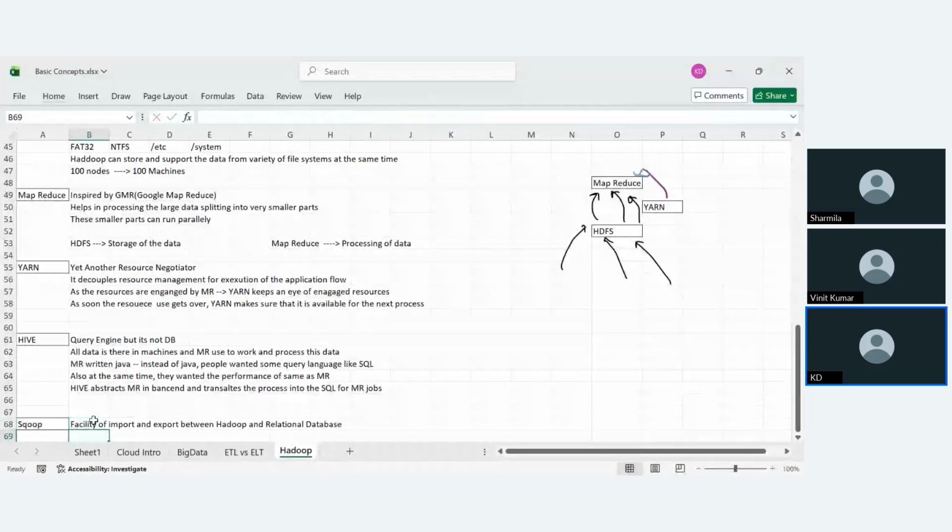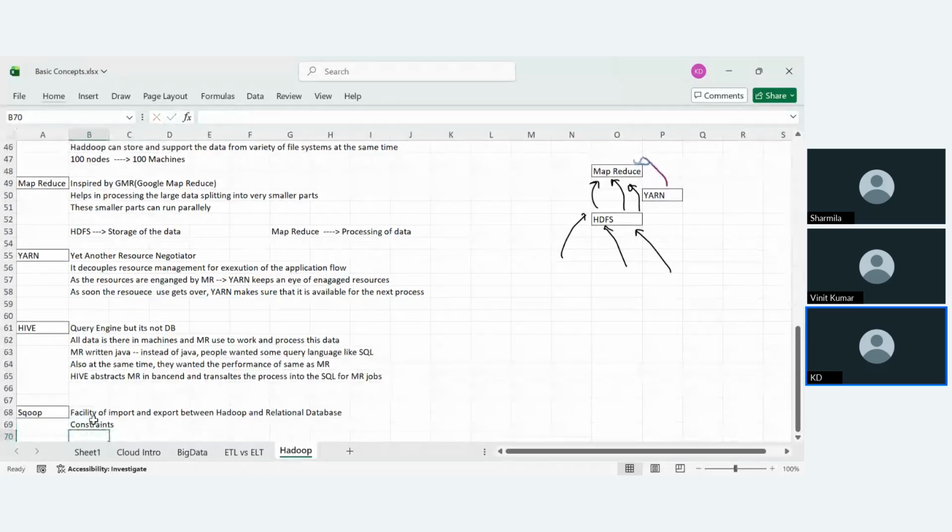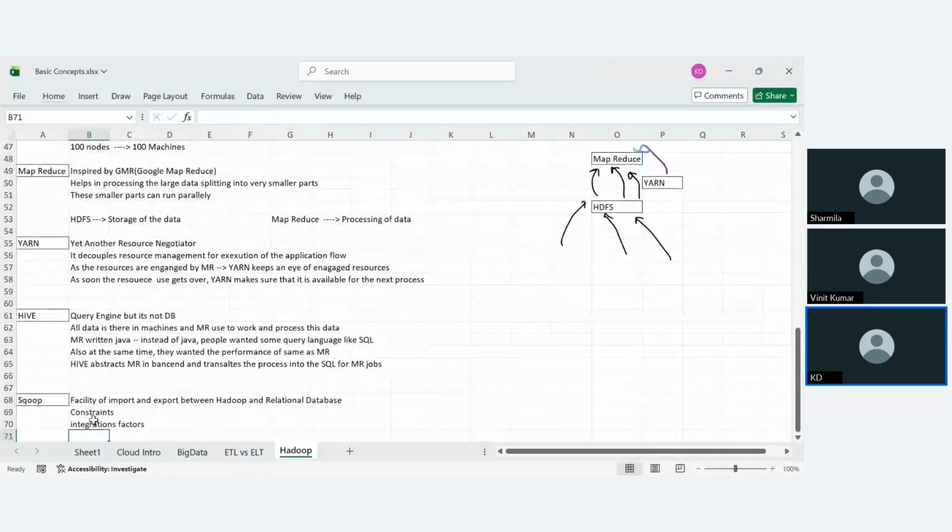When Hadoop was introduced, a lot of data was in the form of relational databases. In relational databases there were many constraints, integration factors, and a lot of rule-based data.